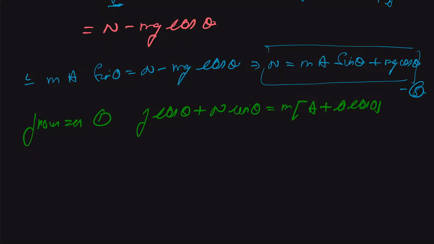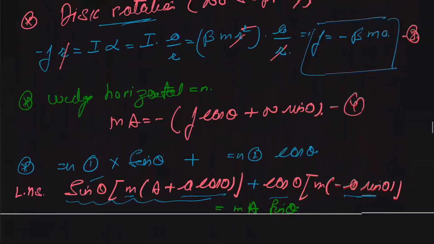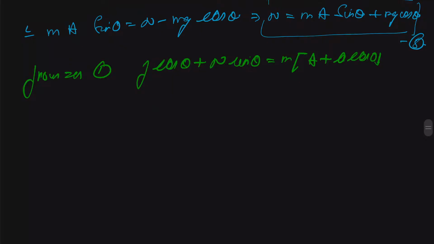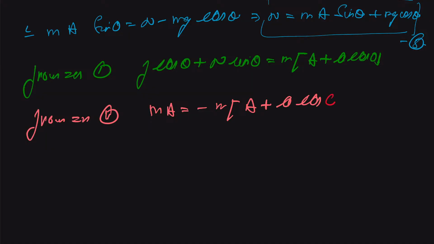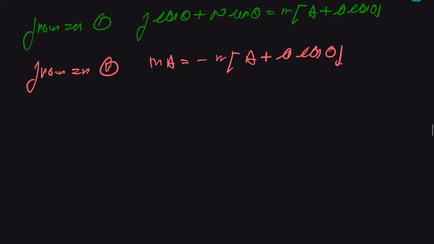And we can use the equation number 4, okay, because this is our f cos of theta plus n sine of theta. Okay. Therefore we can say from equation 4 we get this as our ma is equal to minus, and this will be over m a plus a cos of theta, and we can move our common terms to the left side.